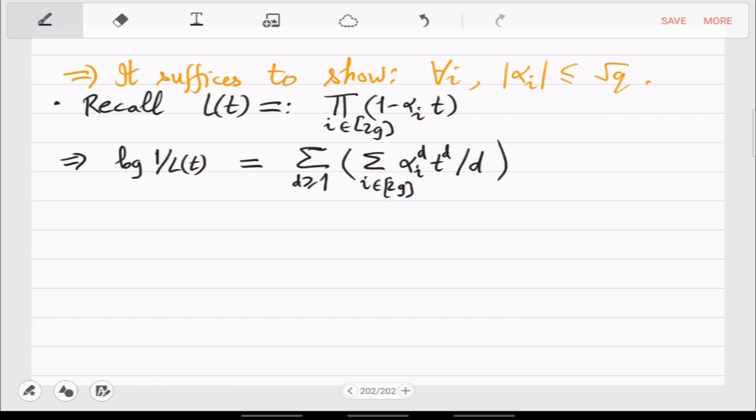And then we rearrange, so we get this expression. That's the expression we get. So sigma alpha i to the d is sitting there in the coefficient of T raised to d by d.